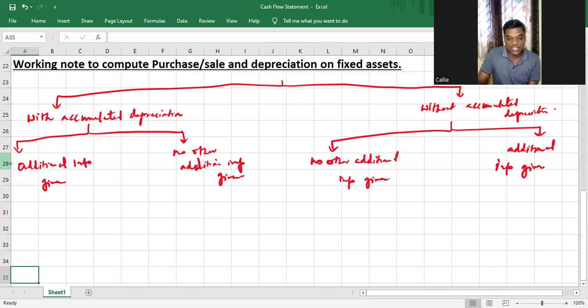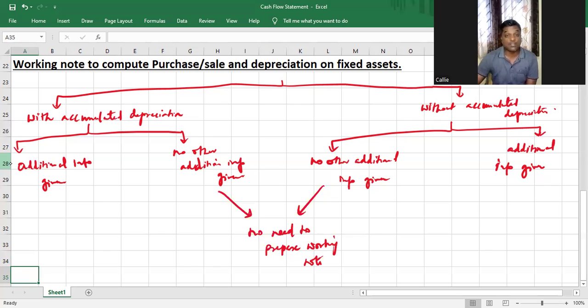In both these cases, if no additional information is given, no need to prepare a working note. We can directly compute the required information from the balance sheet itself. You don't have to prepare any additional ledgers.